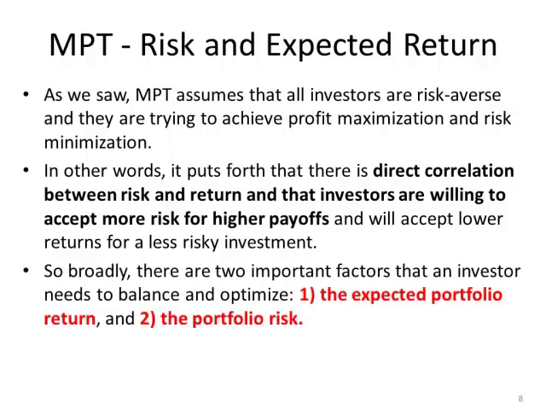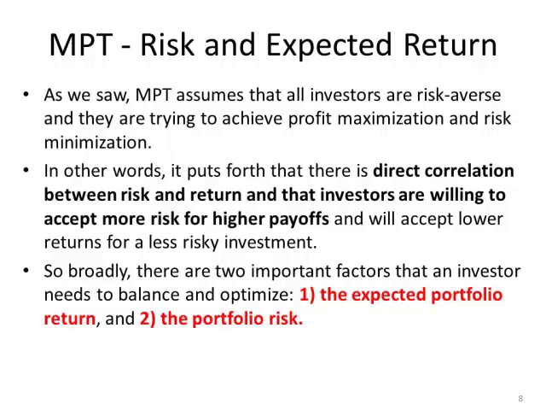So broadly, there are two important factors that an investor needs to balance and optimize. Okay, and by optimize we mean choosing the stocks to maximize our returns or minimize our risk. So the two factors we want to optimize and balance are the expected portfolio return, right? So we want to make the expected portfolio return as high as possible for a given level of risk.